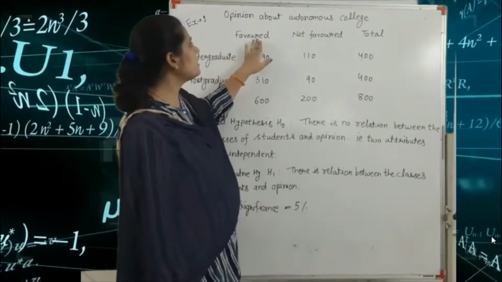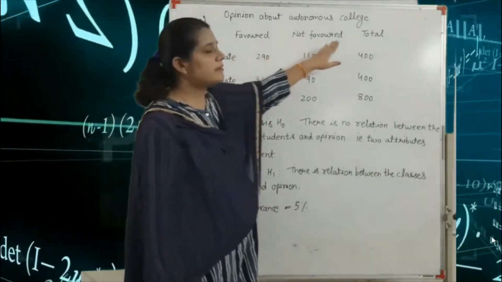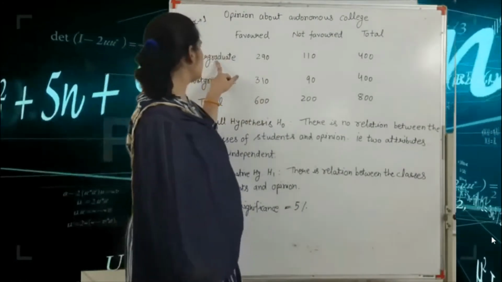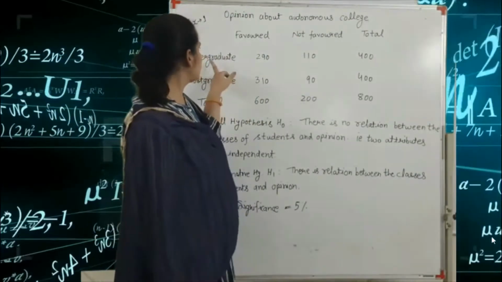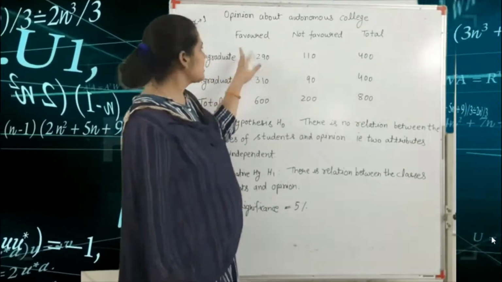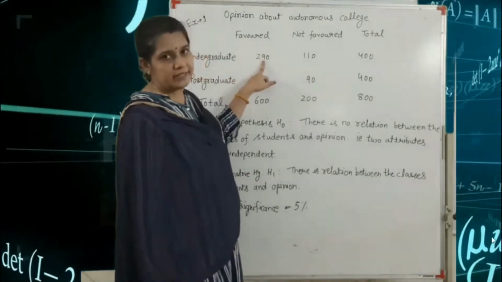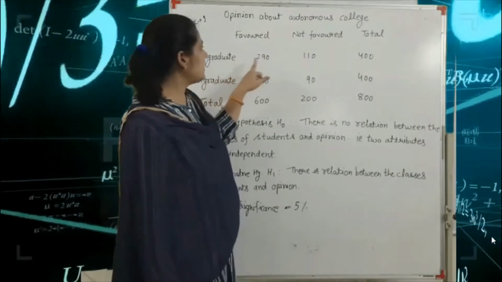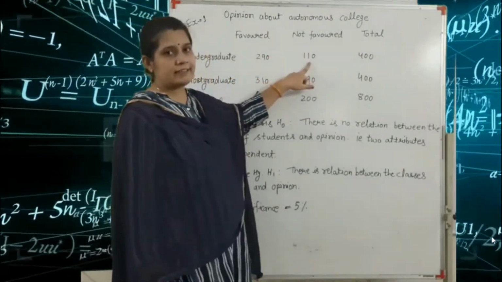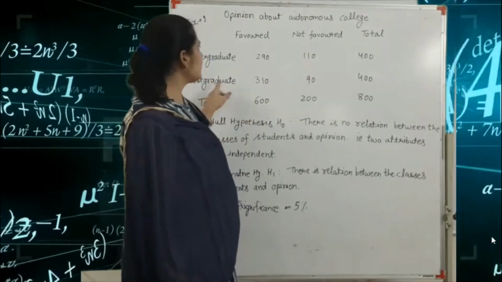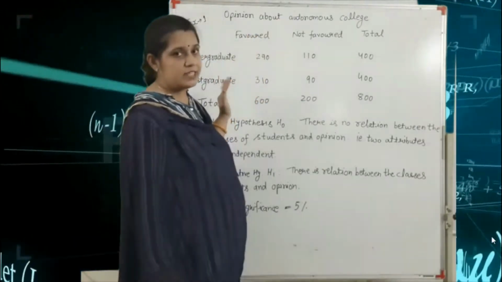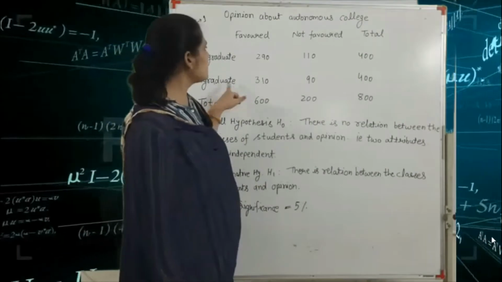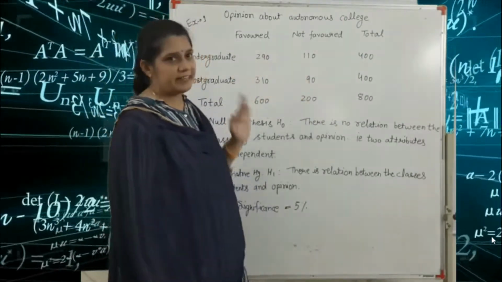Here we are given favored, not favored, and total, and the undergraduate and postgraduate students. The undergraduate students favored are 290, undergraduate not favored 110. Postgraduate favored for autonomous college is 310, and postgraduate not favored is 90 students.